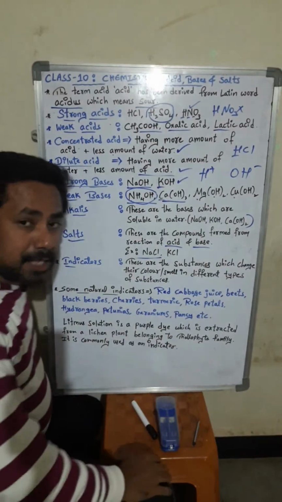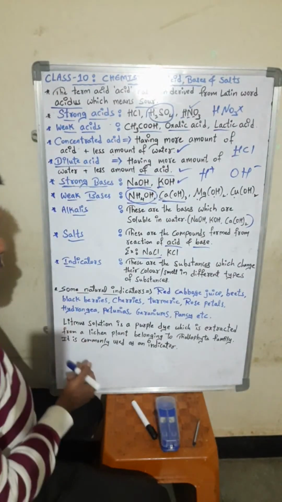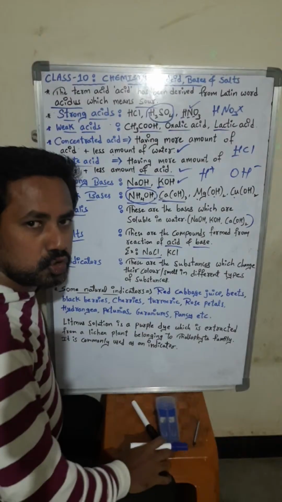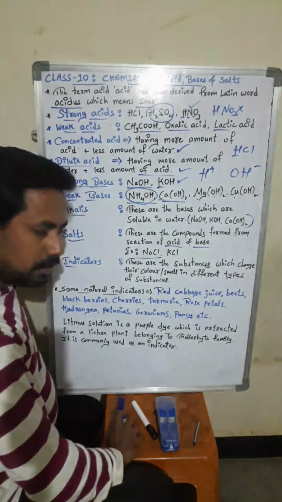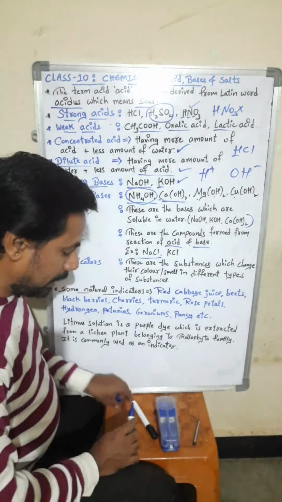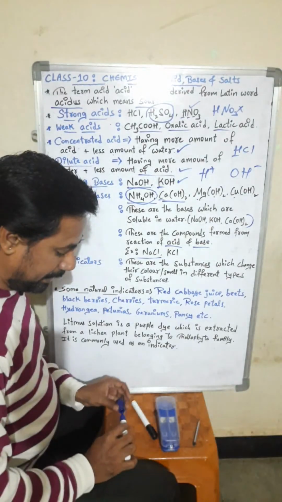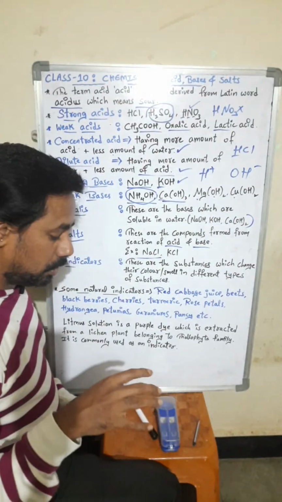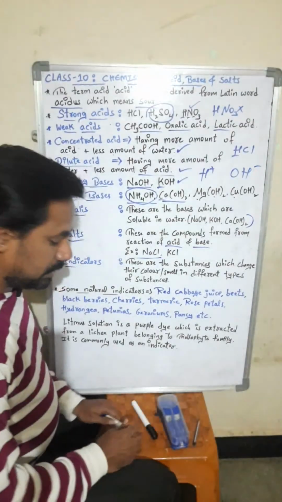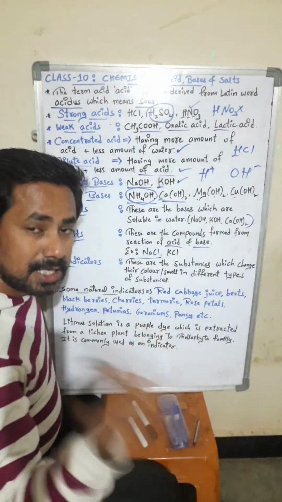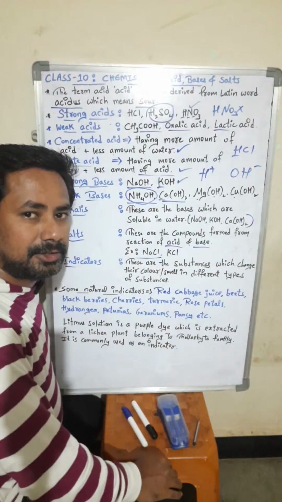See, some natural indicators are there, students. Red cabbage juice. You know that cabbage is already available in the market, but nowadays by using technology, red cabbage is also coming to the market.